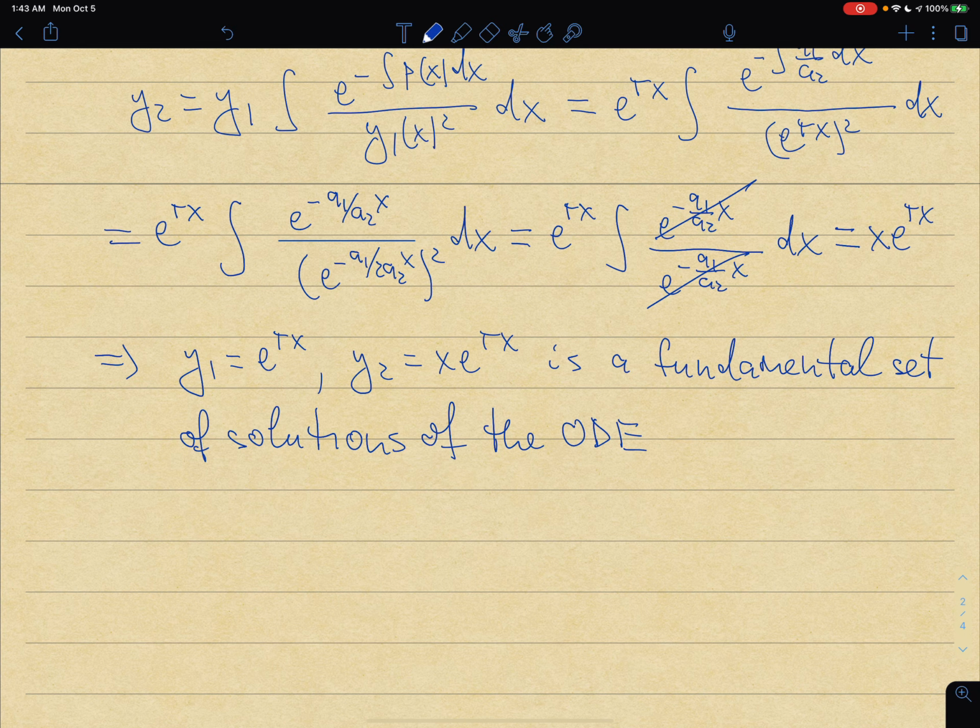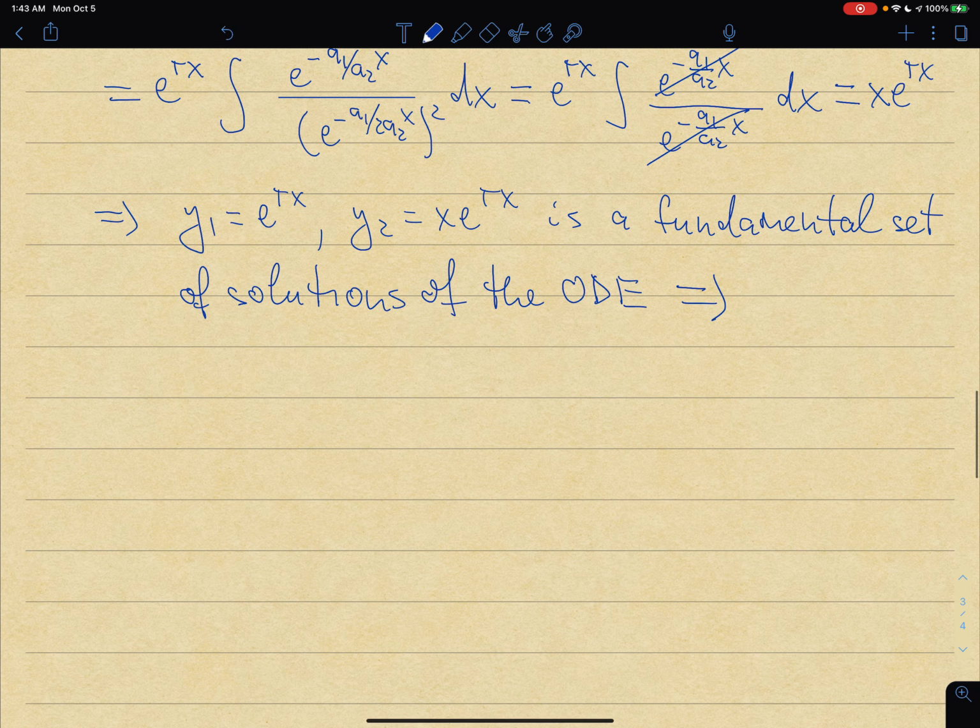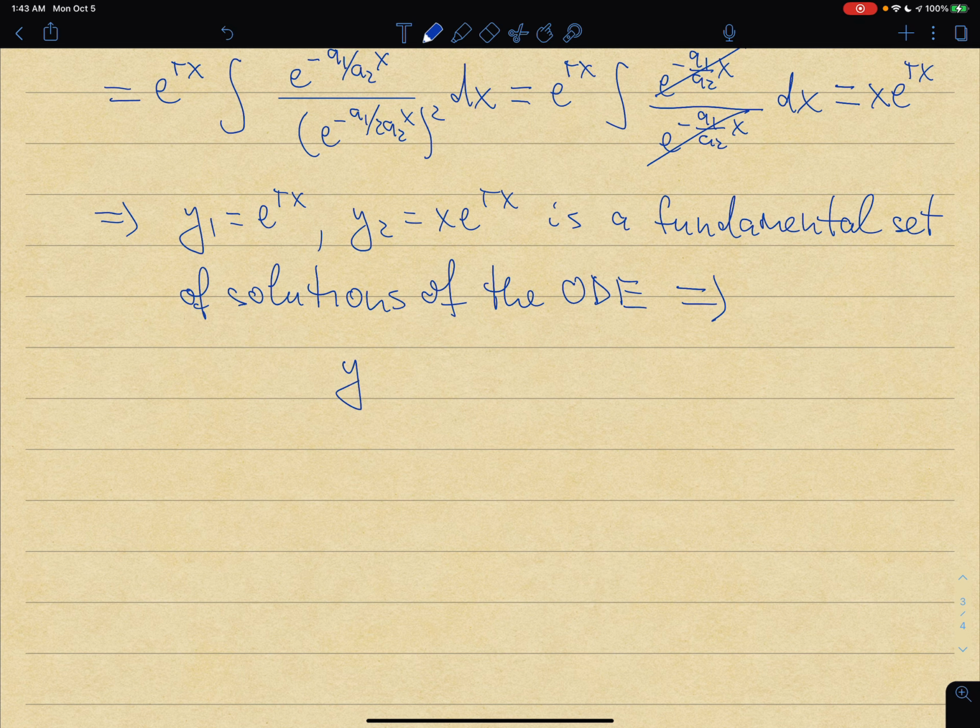And hence a general solution in this case is y equal to c1 e to the rx plus c2 x e to the rx.